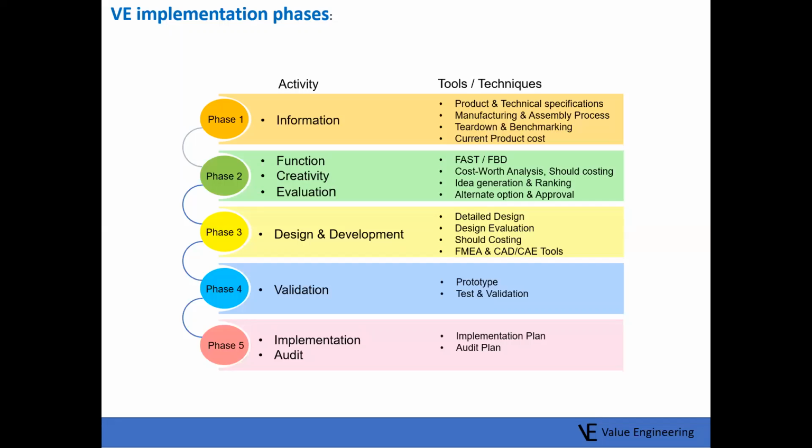The new design you implement into the product, and maybe once in a quarter, 3 months, you do the audit, because there should not be any deviation in the intended function. So these are the typical 5 phases we follow for any value engineering analysis. And sometimes we can use only a few of them; not all 5 are required.